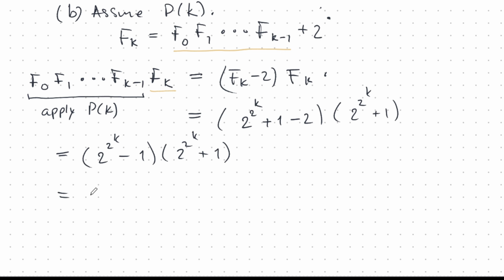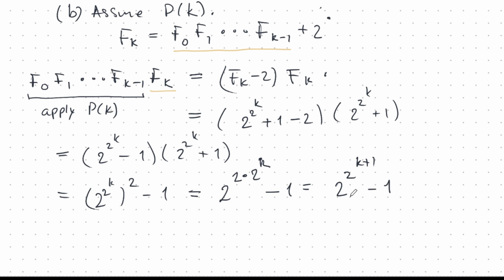So this is now 2 power k squared minus 1. So we just have to be really careful how we deal with these powers of powers. It can be very confusing, but just be careful. 2 times 2k, that's the same thing. And this is 2k plus 1 minus 1.